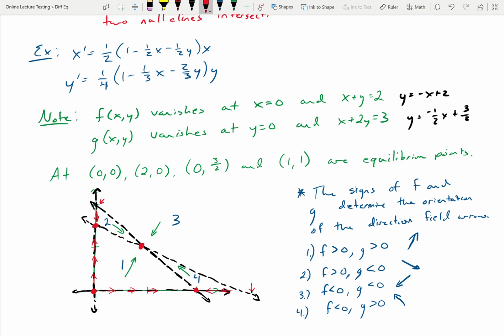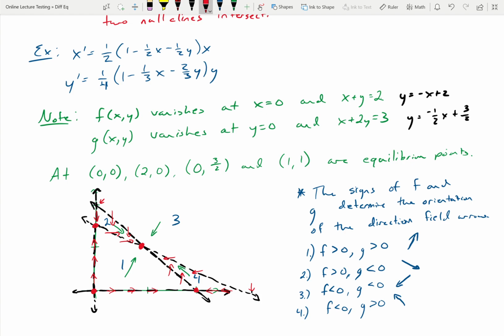Likewise, on these lines here, y is equal to negative x plus 2, and y is equal to negative 1/2 x plus 3/2, we end up having these vertical lines pointing down or pointing up, depending on if G is positive or negative. And then horizontal lines pointing to the left or pointing to the right, depending on the sign of F.